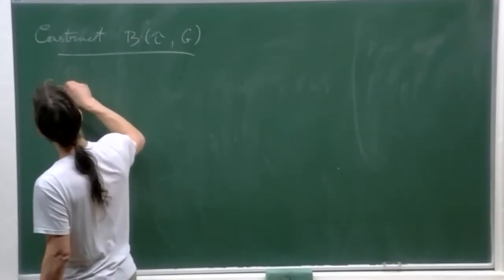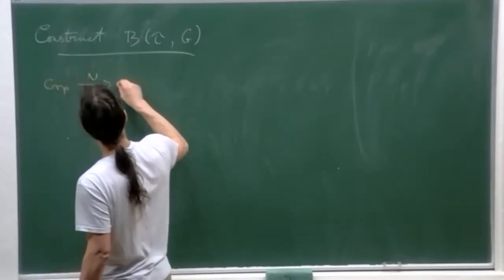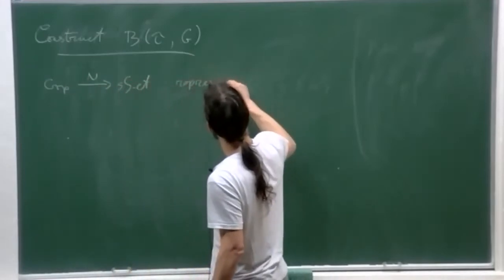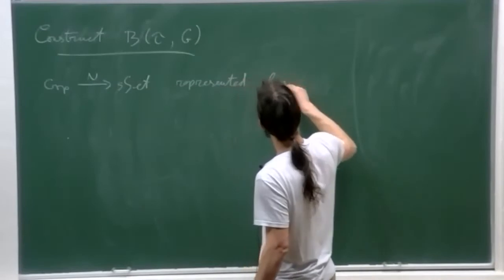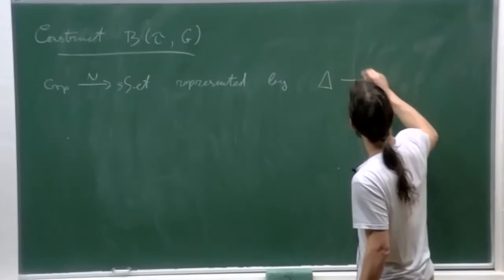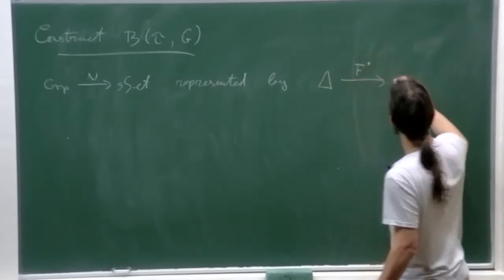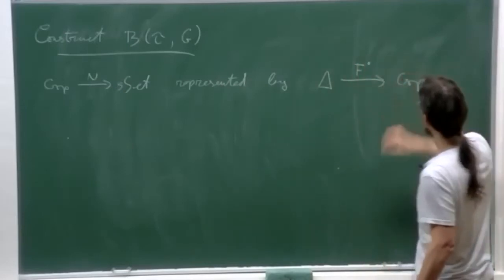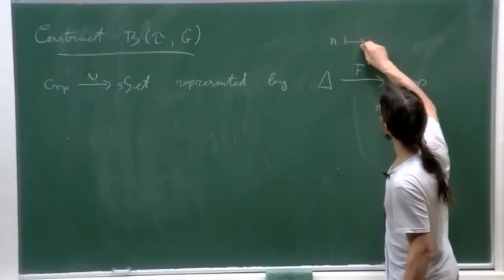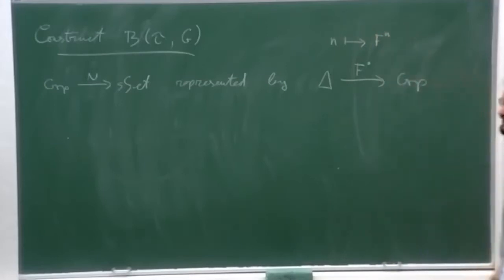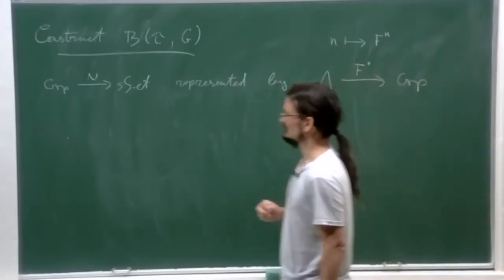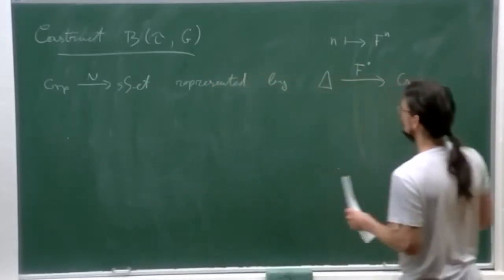So the nerve functor is represented by the co-simplicial group F, where it sends n to the free group on n generators, and I cannot write up the simplicial set maps again if I just say this.